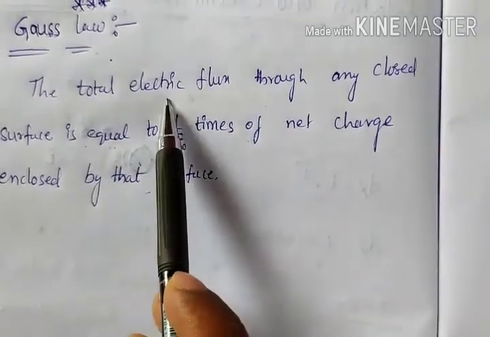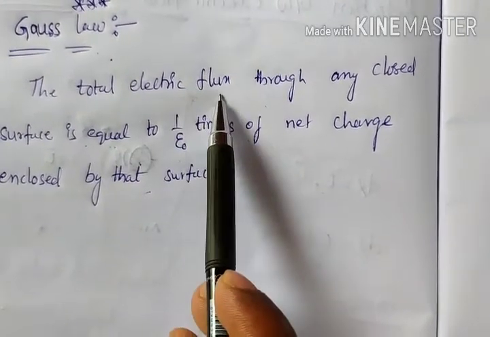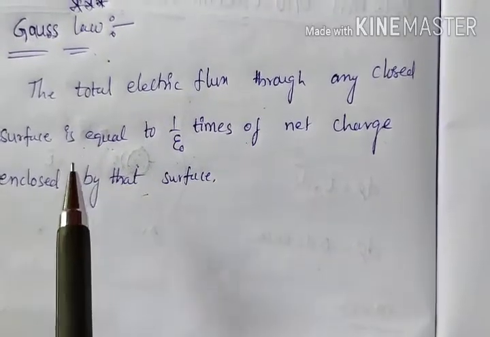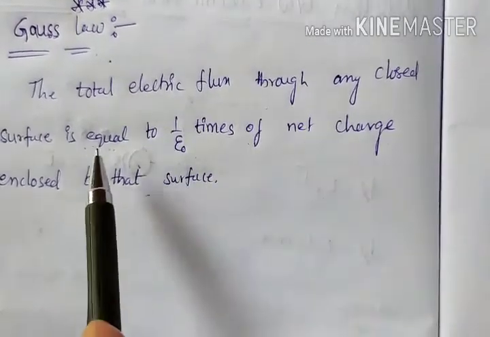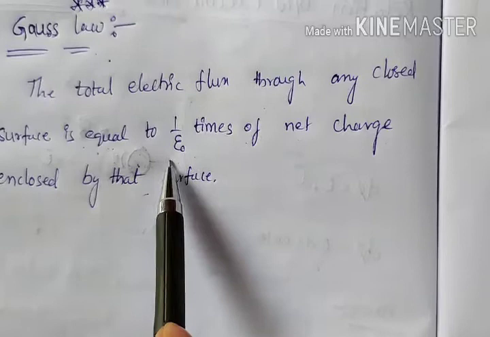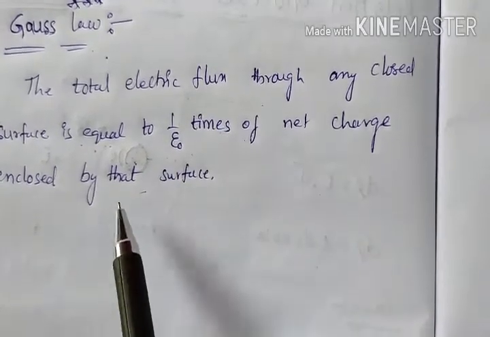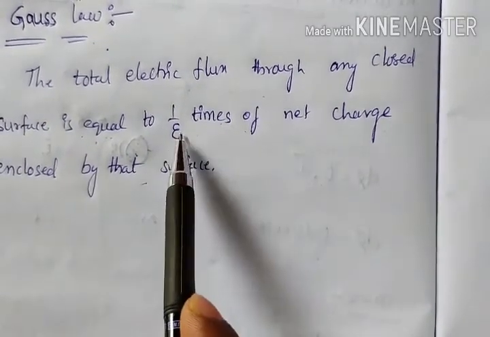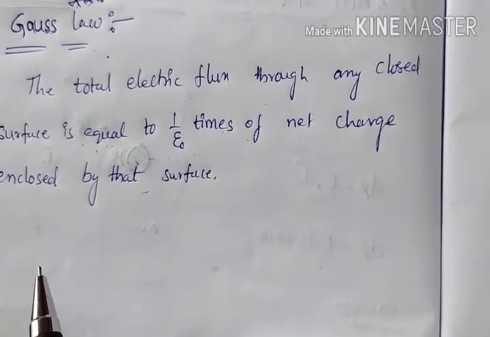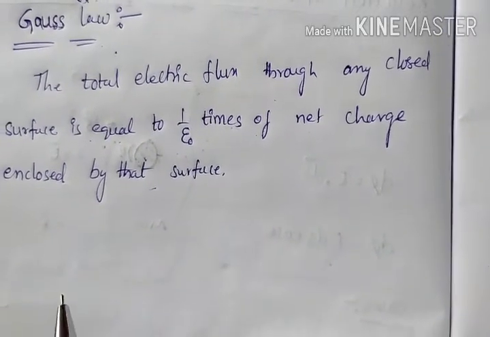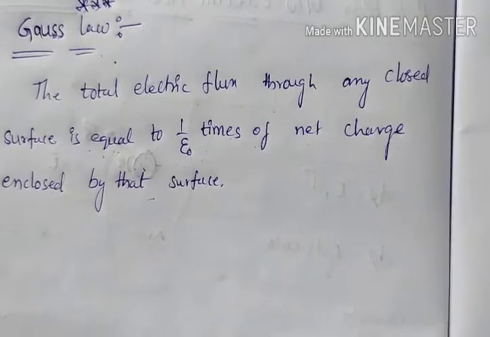So the total electric flux, the number of field lines crossing, is equal to 1 by epsilon naught times the net charge. Here epsilon naught is the permittivity of free space.